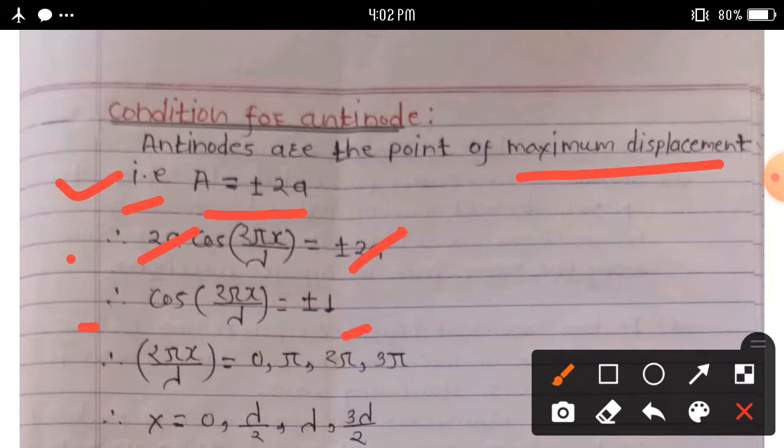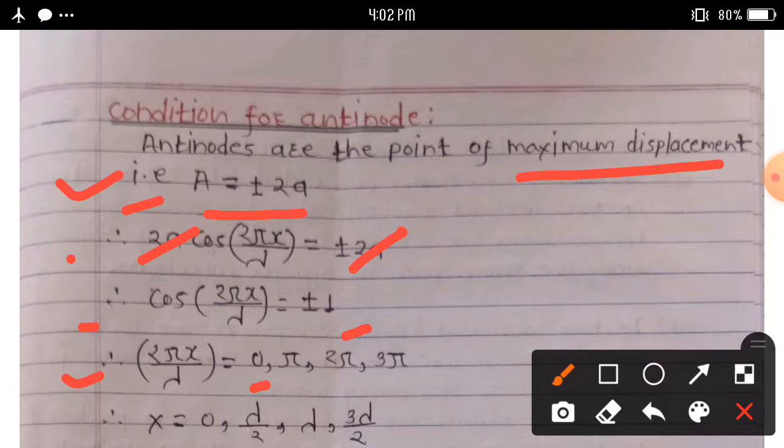Then we can find the value of 2πx/λ, where we get plus or minus 1. Here we can write 2πx/λ is equal to 0, π, 2π, 3π. We can put 2πx/λ equal to 0, then cos 0 is equal to plus 1.